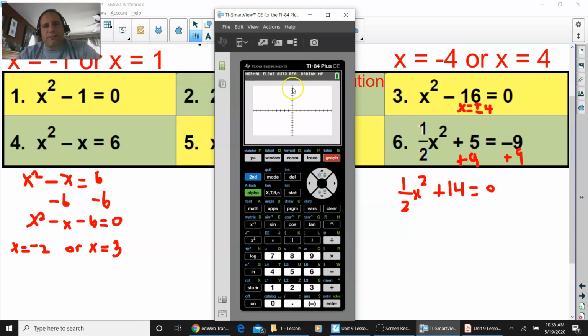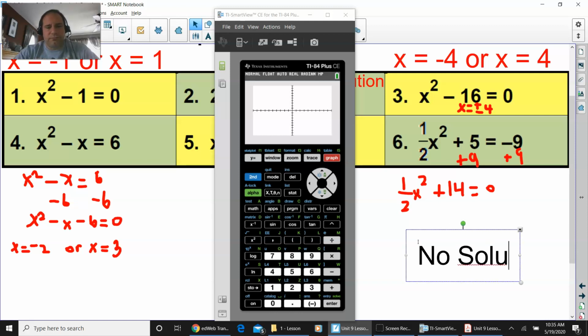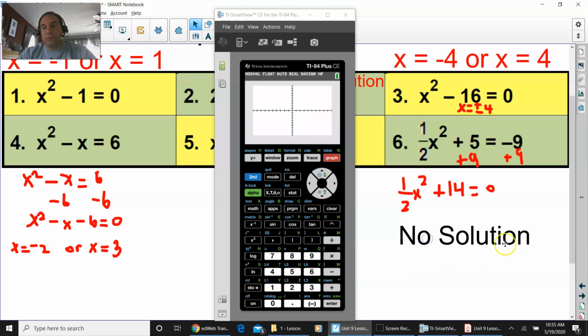So the parabola is probably all the way up here. But to answer this question, do you really need to see the parabola? You're looking for the roots. Are there any roots here? No, there is no solution for this, or no solutions.